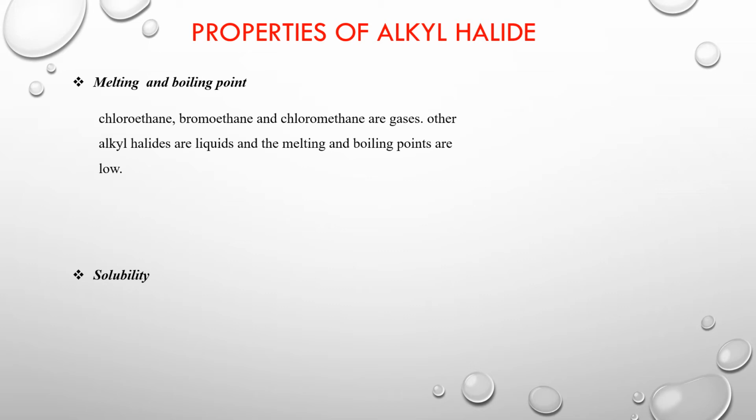Pay attention to the parent name. There is an ethane, there is a methane. That means they are smaller alkanes. Smaller alkanes are gases, while the alkanes which are slightly bigger than them are liquids, and those in gas form have very weak intermolecular attraction compared to the ones which exist as a liquid.